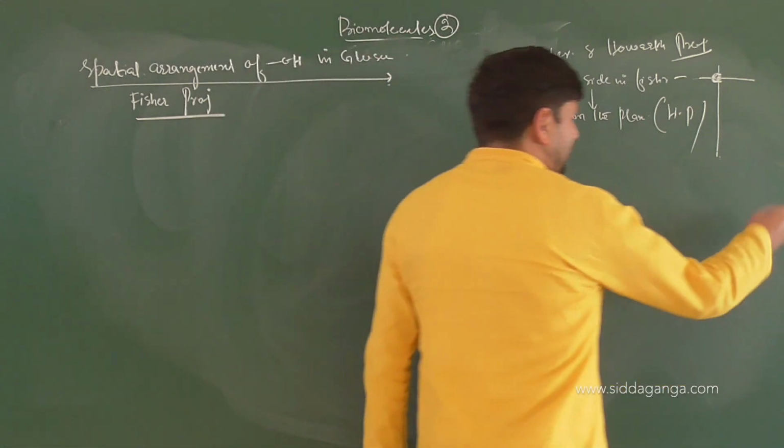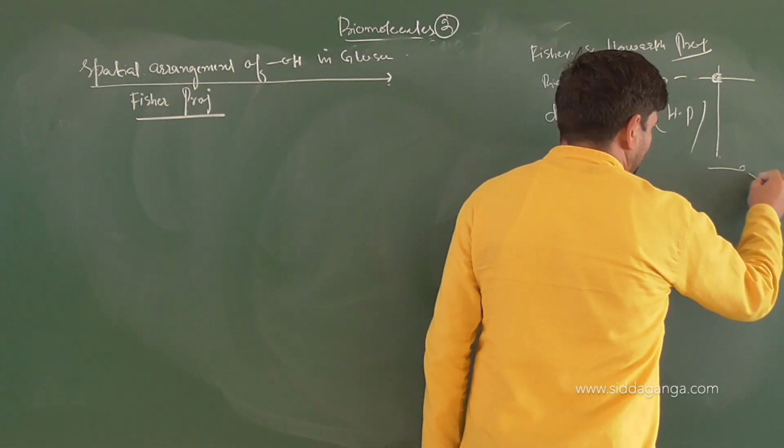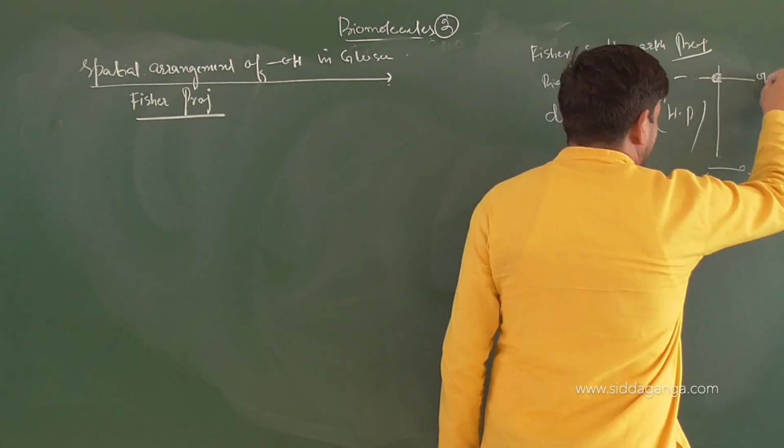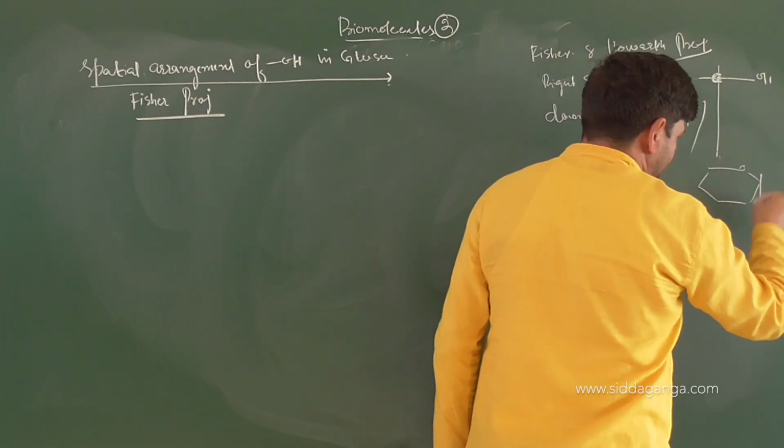So if I want to show the ring structure of glucose, which I will show you how it is made, if I mention OH on the right, that will mean OH will be down, down the plane.